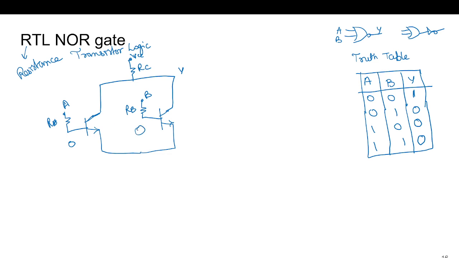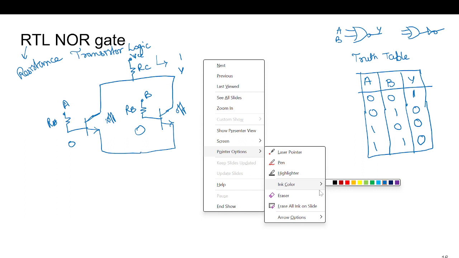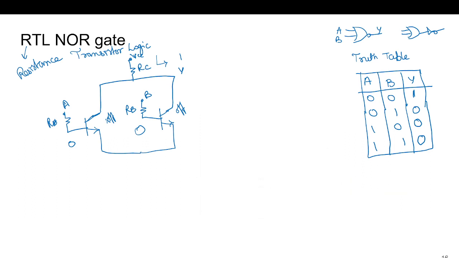So if it is 0, 0, this will be in off state, this will be in off state. So output will be 1. If it is 1, 0, this will be conducting.